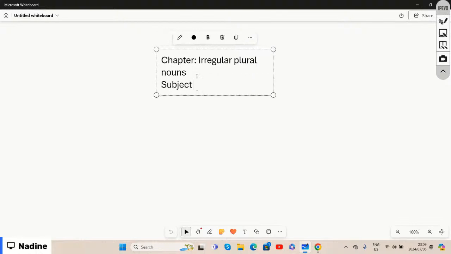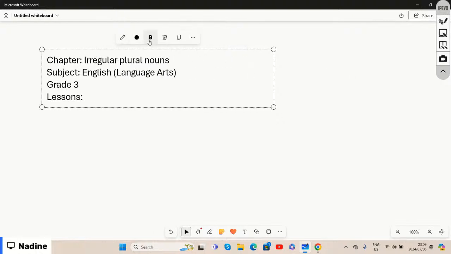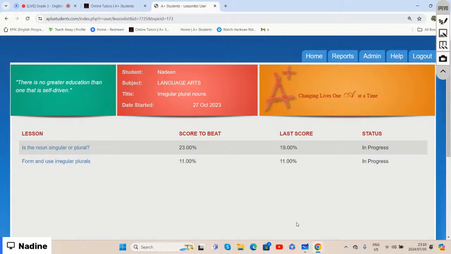Our subject is English Language Arts, grade 3, and the lessons that we are going to be focusing on under the chapter of irregular plural nouns are: is the noun singular or plural, and to form and use irregular plural.